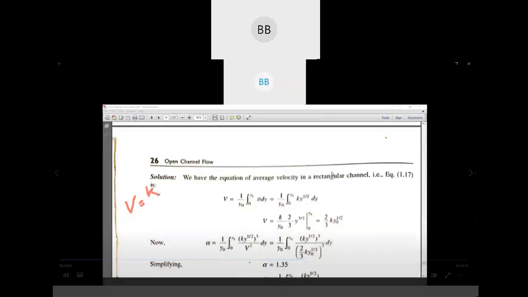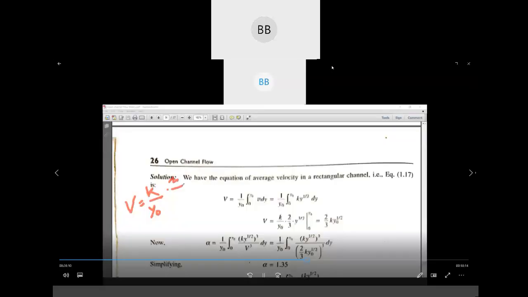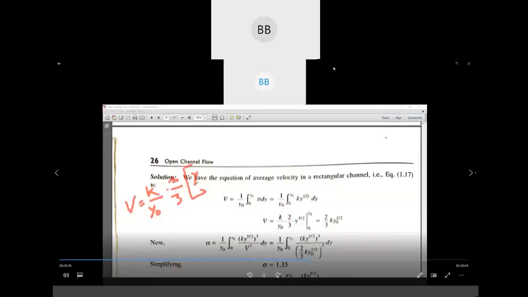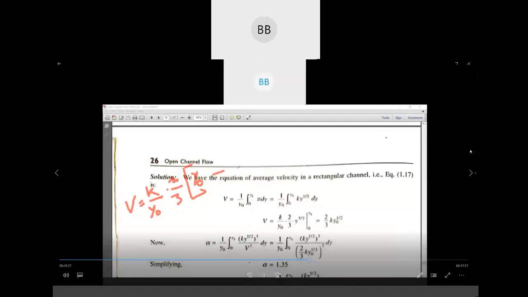So v is equal to k by y naught multiplied by 2 by 3. Then we have to first substitute the higher limit, that is your y naught. y naught is your maximum limit. So we are always deducting higher minus the lower one. So in place of y, we are going to substitute y naught.